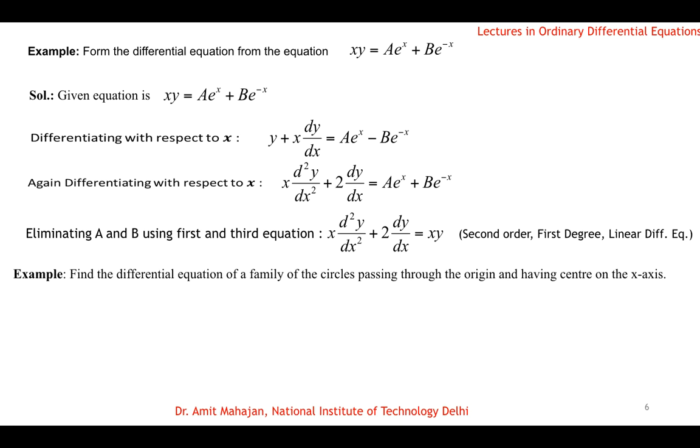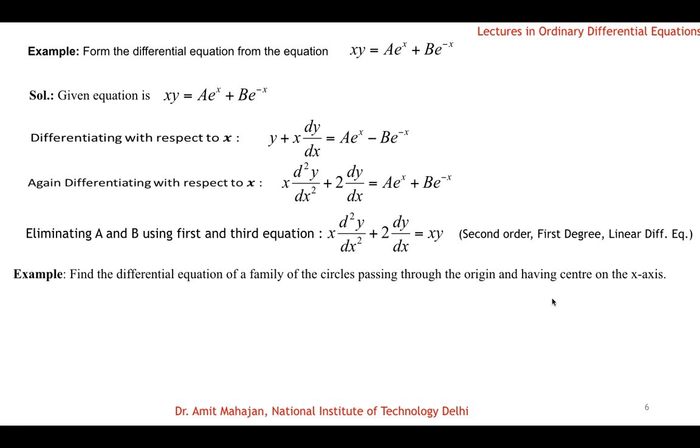One more example is: find the differential equation of a family of circles passing through the origin and having center on the x-axis. In this case the equation is not given, but you are given that it is the family of circles passing through the origin and having center on the x-axis.